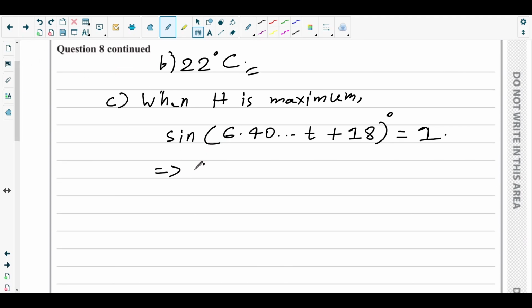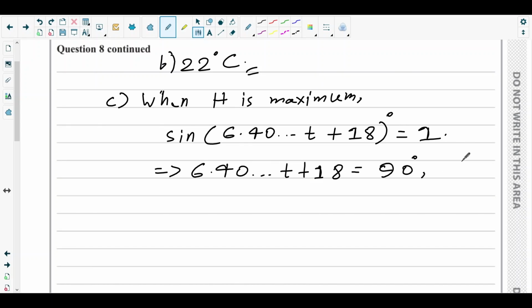Now get the value for t. kt plus 18 equals sine inverse 1. Sine 0 degrees is 0, sine 90 degrees is 1. That means 90 degrees is one of the possible values. Sine 90 degrees is 1.